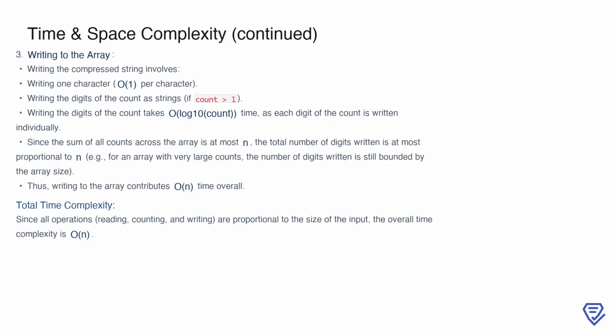However, the total sum of all counts across the array is at most n, meaning the total number of digits written is also proportional to n. For example, even if the counts are large, the total number of digits written is still bounded by the size of the array. Therefore, the time spent writing to the array also contributes O(n) overall. Combining this with the reading and counting operations, the total time complexity of the solution remains O(n).